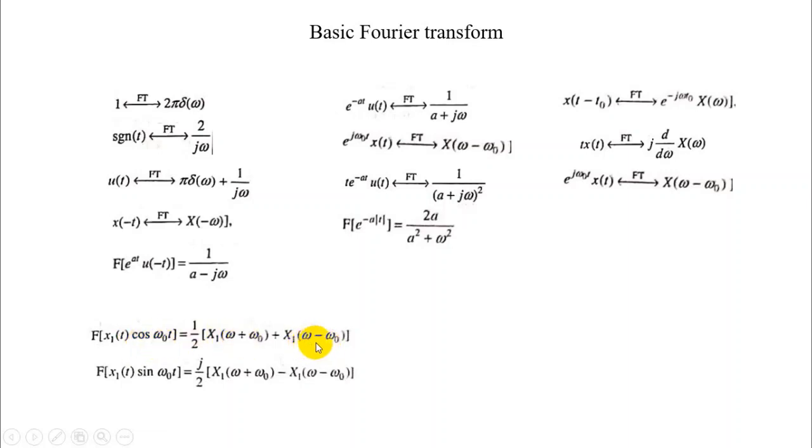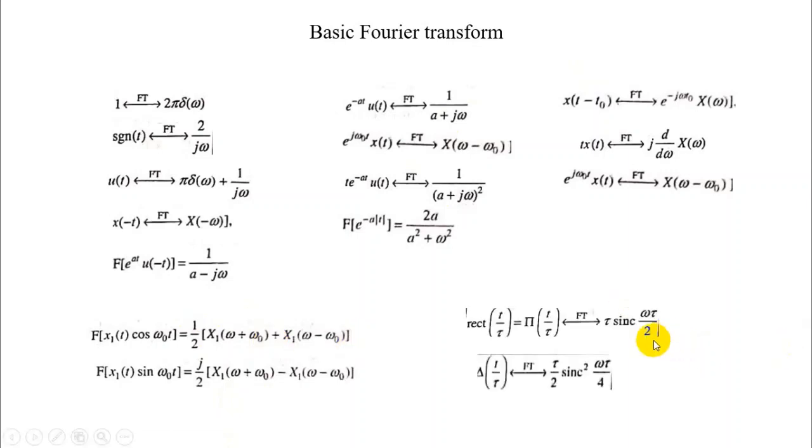So here X1 of omega minus omega naught, and in the case of x1 of t multiplied with cos omega naught t, here x1 of t sine omega naught t. For modulation purposes, we actually multiply any signal with the cosine and sine terms. So these two are the modulation properties of the Fourier transform, and we should practice like this.